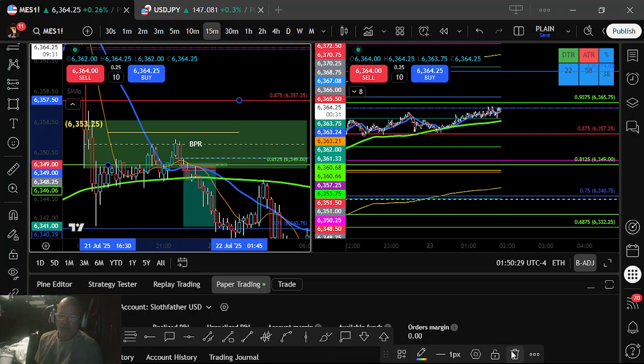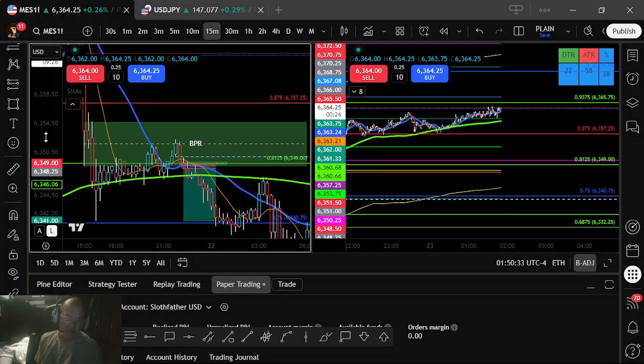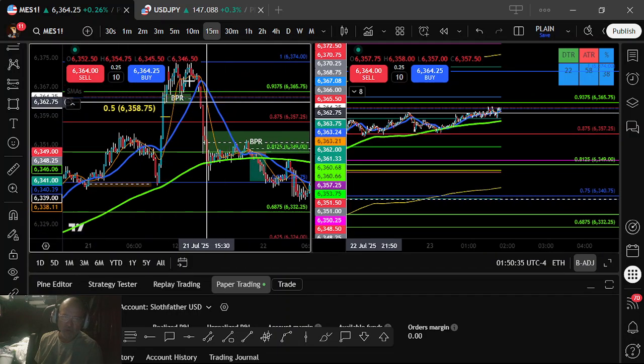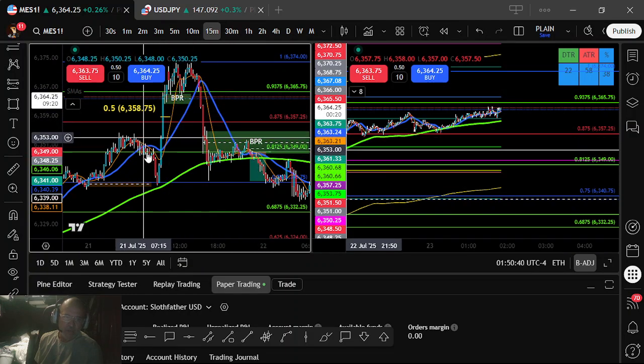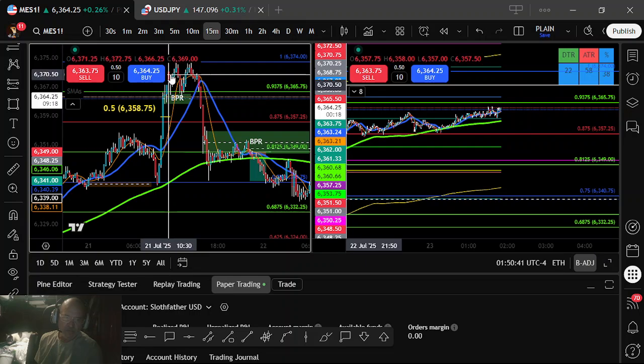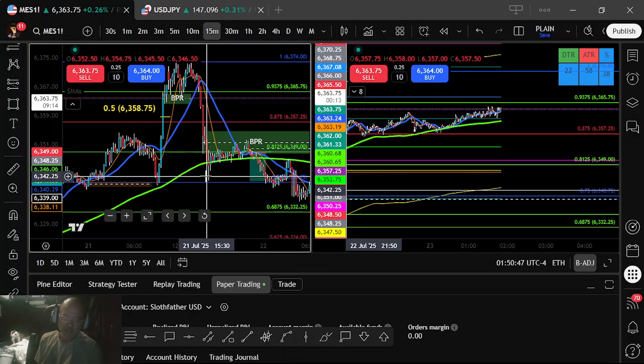Okay. And we had a big down push at the end of the day before, right? Which inverted a 4-hour bullish fair value gap. We came right back down and inverted it.